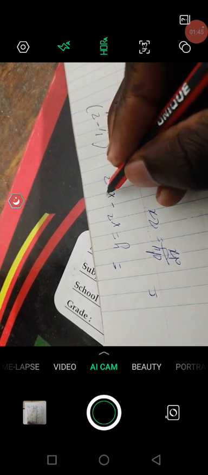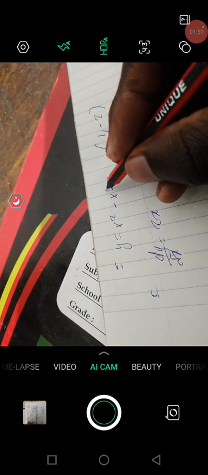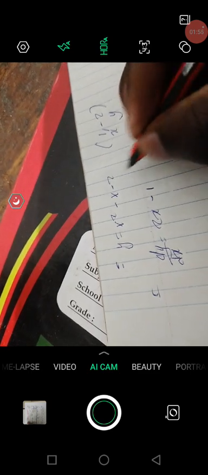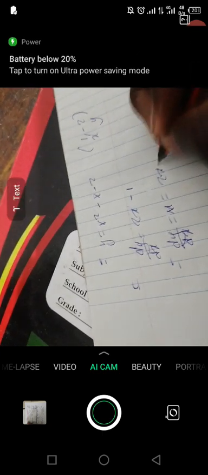So this is 2x. Same applies here, there is 1: 1 times x is x, 1 minus 1 is 0, and x to the power 0 is 1. So here I'm going to put 1. Any constant number under differentiation is equal to 0, right? And dy over dx is equal to the gradient, and the gradient is equal to 2x minus 1.